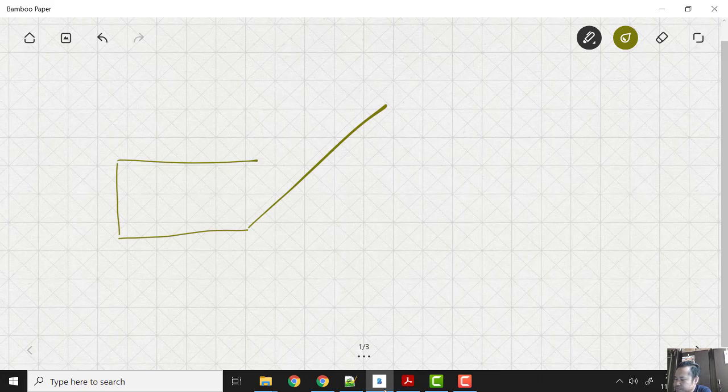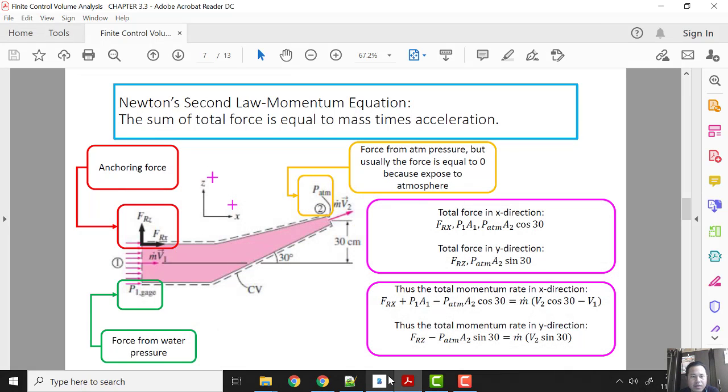For example, we have here 1 and here 2. In order for the pipe to be stationary or static, the pipe requires an anchoring force. So the anchoring force is a must.